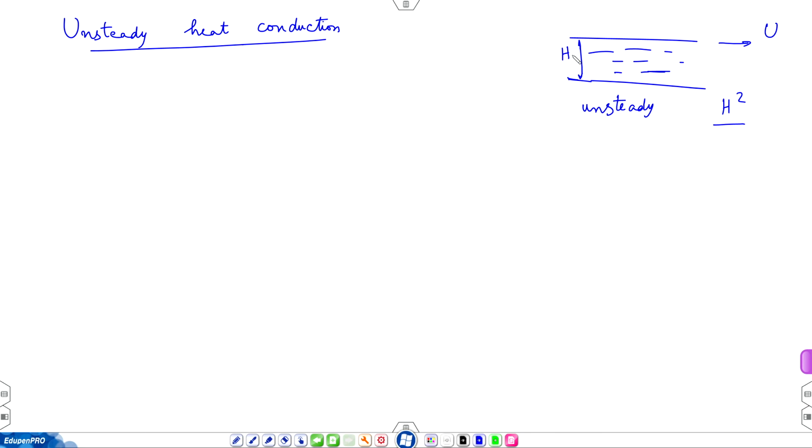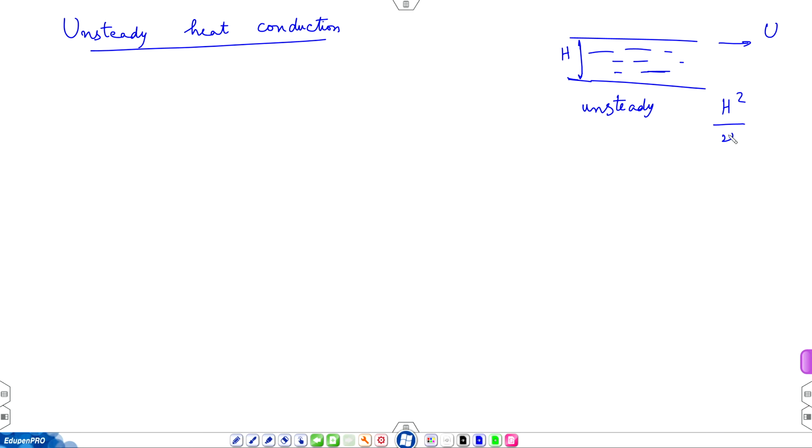How much is it? H square divided by which fluid property? First of all, it should give you units of time. It can't be mu. It is kinematic viscosity, which is nu. So, the unsteadiness prevails here for a time duration H square over nu.